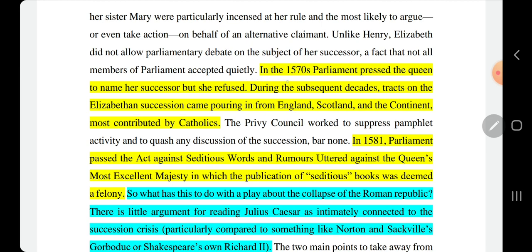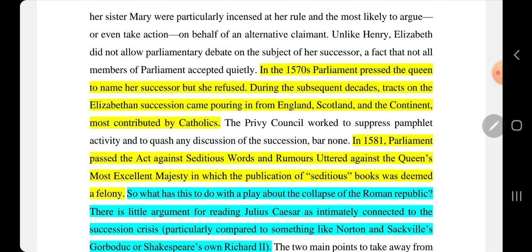So, what happened in 1517? Parliament pressed the queen, tried to force the queen to name her successor, but Queen Elizabeth refused to name one. During the subsequent decades, tracts on the Elizabethan succession came pouring in from England, Scotland, and the continent, most contributed by Catholics.